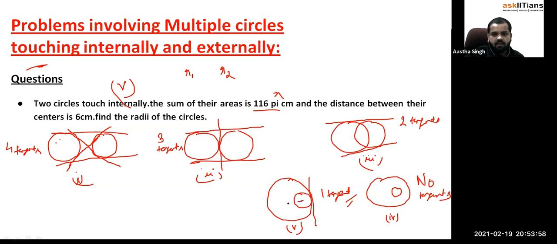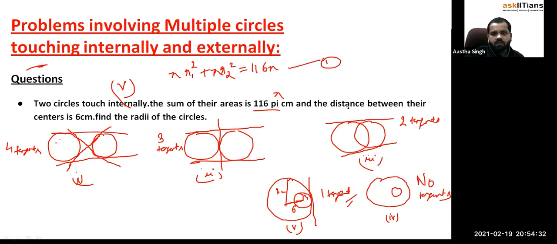This is basically telling us that if this is your R2 and this is your R1, the distance between the centers is 6. So the first condition is that the sum of the areas is 116: πR1² + πR2² = 116π.